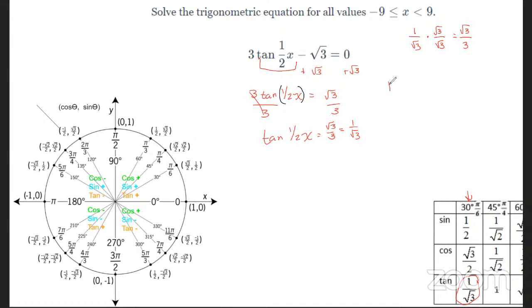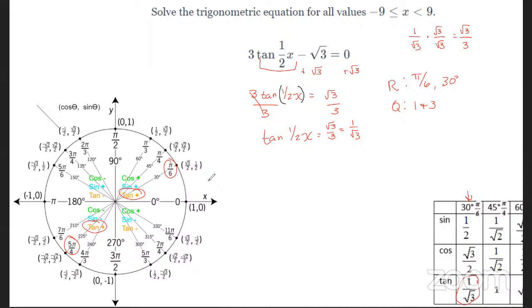That reference angle is going to be pi over 6, or 30 degrees. Okay, and we know it's going to be positive. So tangent being positive happens in quadrant 1 and quadrant 3. Okay, so our angles are going to be pi over 6 and 5 pi over 4.